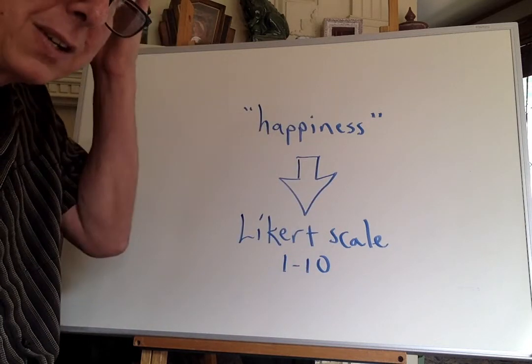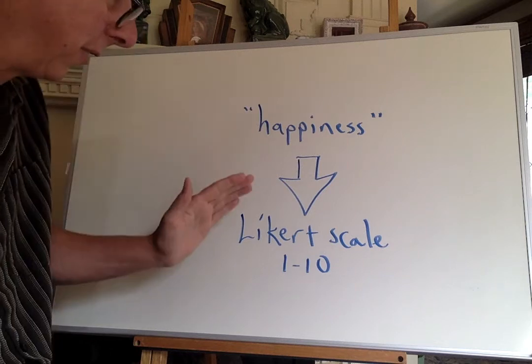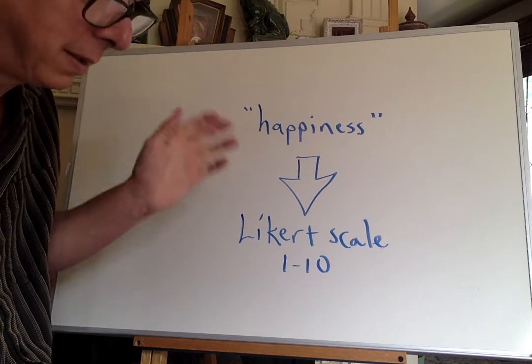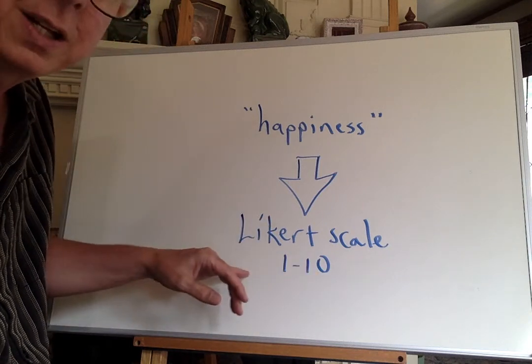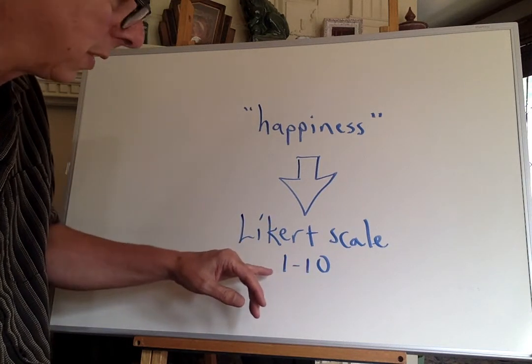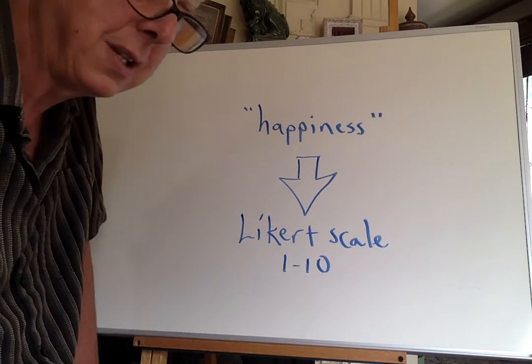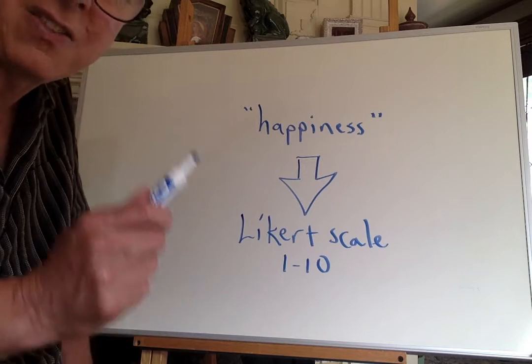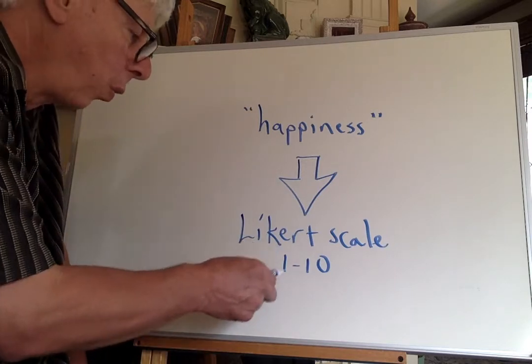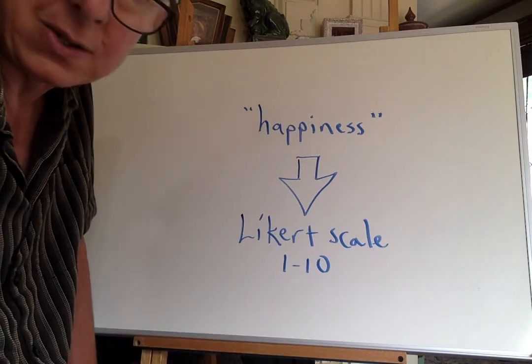I say that because if you did this research with, let's say, 100 people, and you didn't define what was the highest and what was the lowest, I guarantee you, 2, 3, maybe up to 5 people are going to think 1 means you're the happiest.